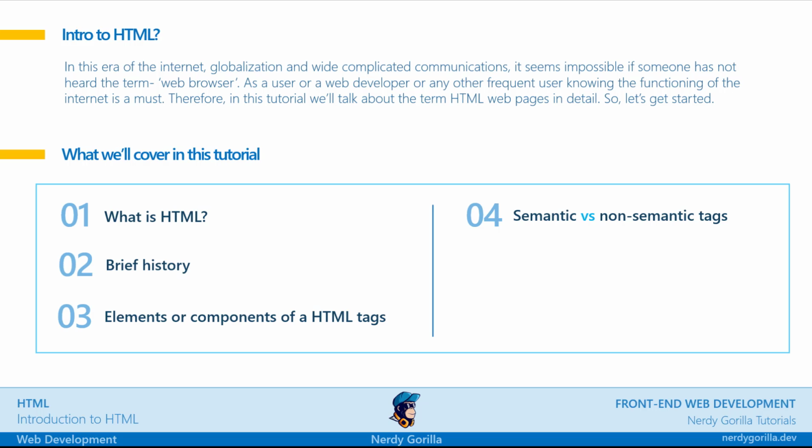Next, we are going to talk about semantic and non-semantic tags and what they mean exactly. And at the end of this tutorial, we'll have a live example of an HTML document, so you can have a walk around.